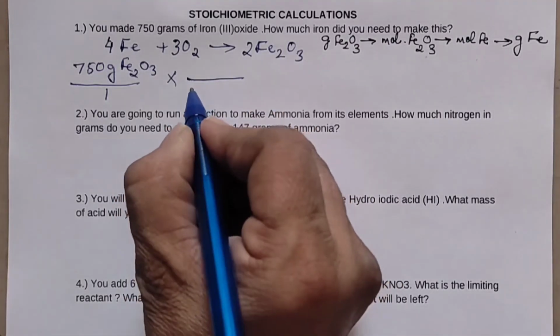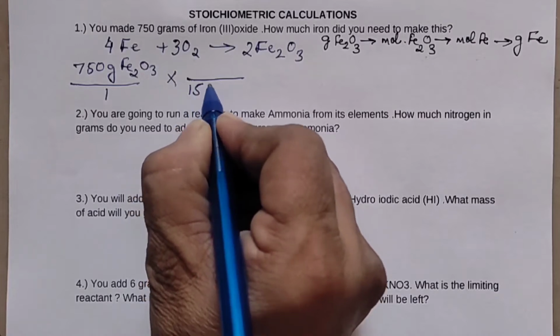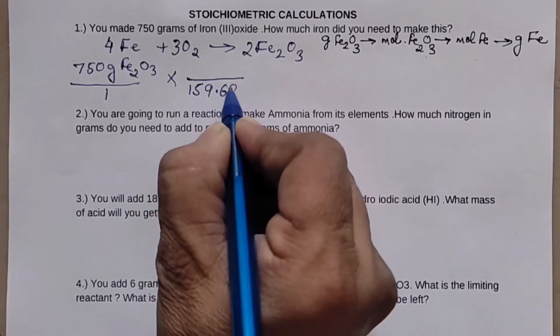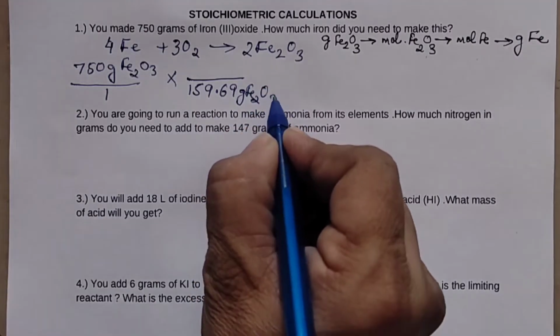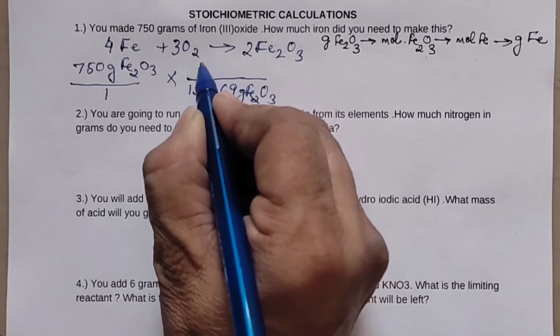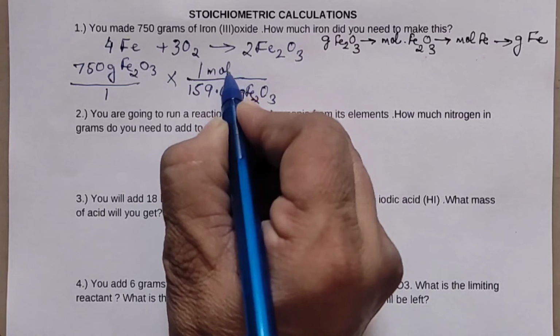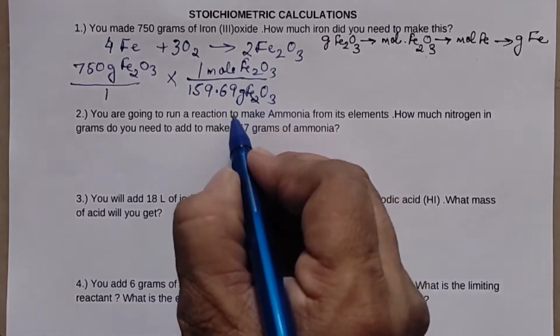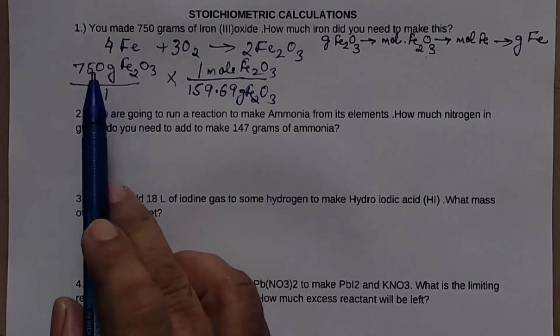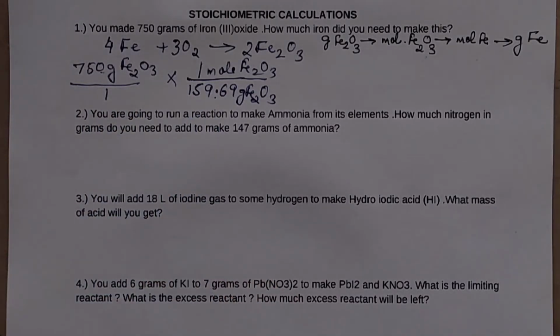So what is the molar mass of Fe2O3? It is 159.69. So this much gram of Fe2O3, this will be in the denominator. This is 1 mole of Fe2O3. So 1 mole of Fe2O3 in the numerator divided by this. In a way, this weight we have divided by the molar mass to be converted into mole.